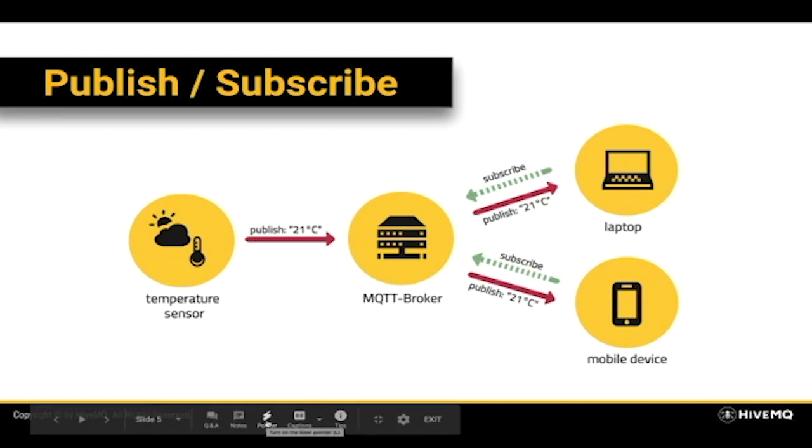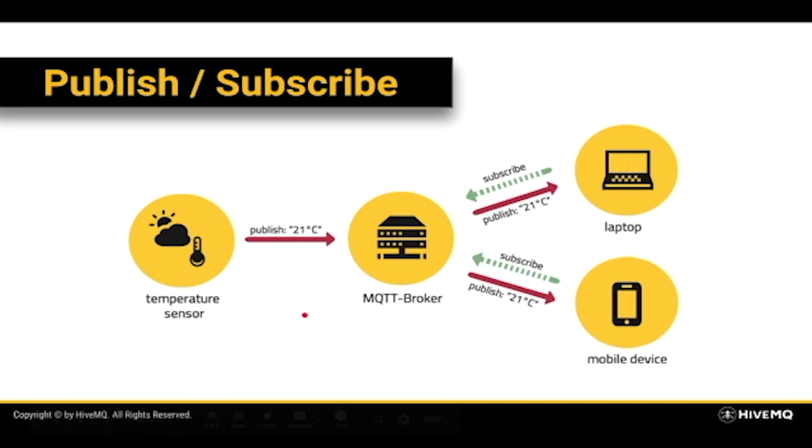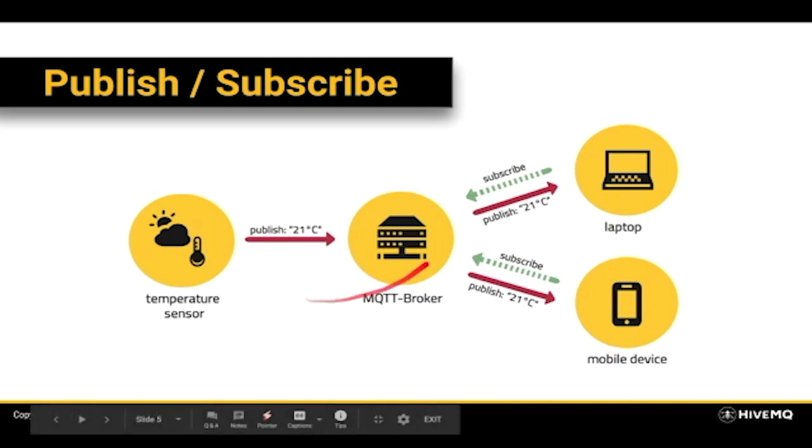Now, while this workshop is not designed to be all about MQTT, I think it makes sense to take a little bit of a closer look at the publish-subscribe architecture in more detail. MQTT differentiates between clients and the broker.